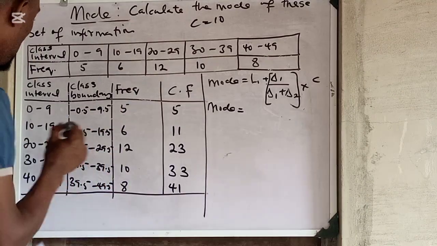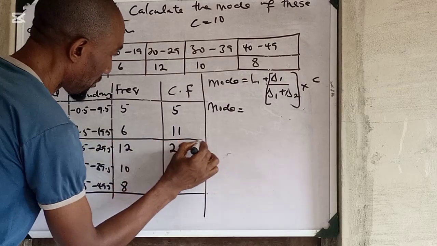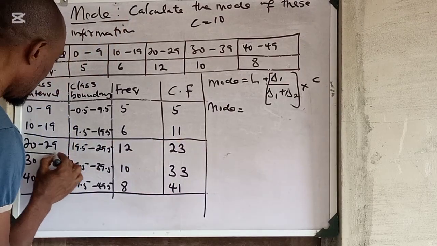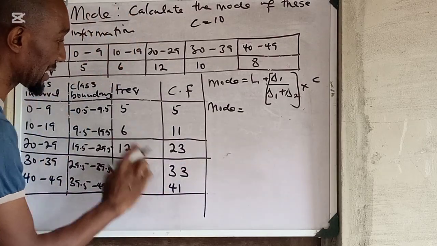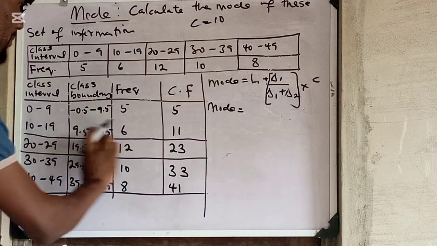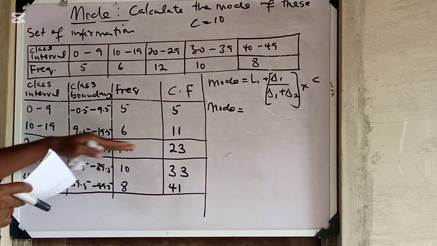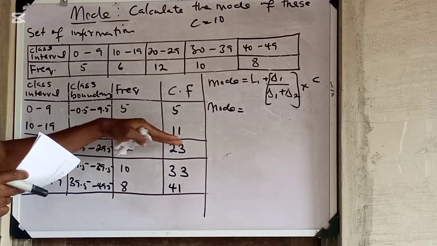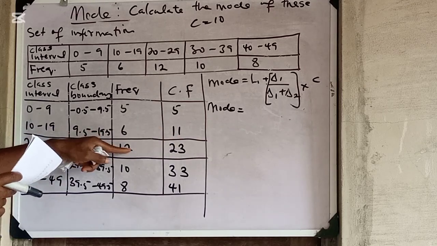So this class here is called the modal class. The modal class is the class that carries the highest frequency, and the highest frequency here is 12.